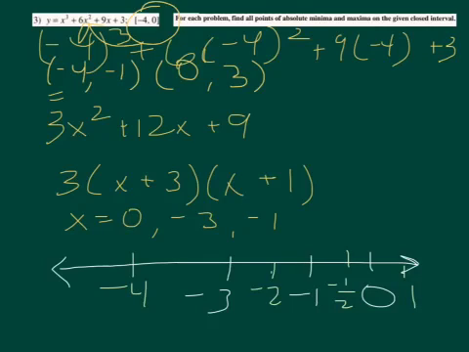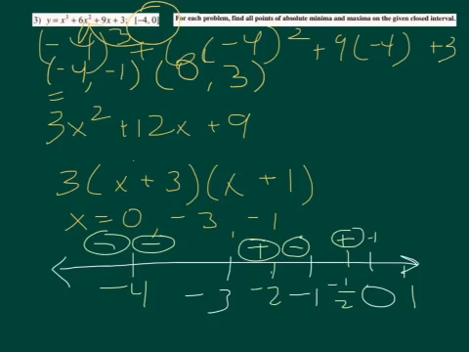So now all we're looking for is the sign. If I plug in -4 to the first equation, I get a negative. The second equation, I get a negative. For the second one, I get a positive and then a negative. For these, I get both positives right here.